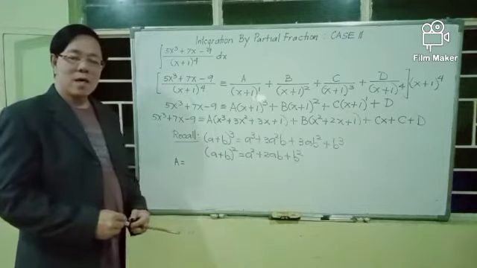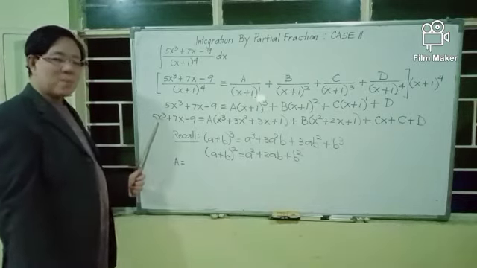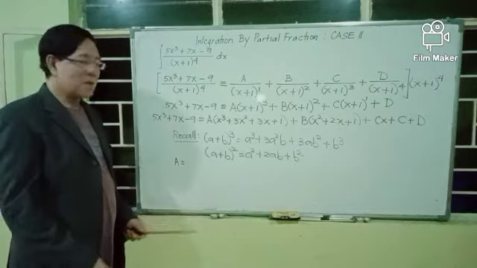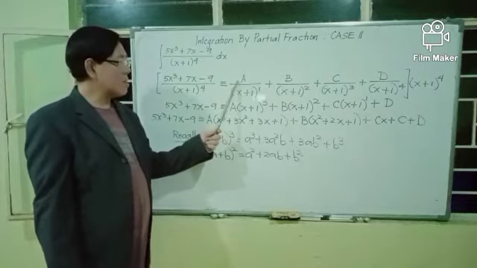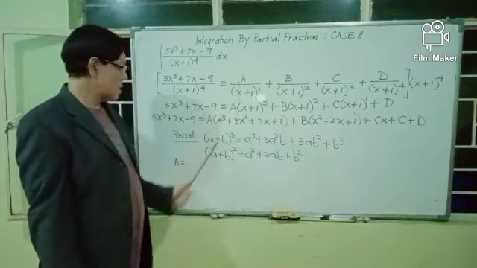And we equate a to the coefficient of x^3 at the left. At the left, the coefficient of x^3 is 5. Hence, a is equal to 5. Thus, we now know that one of the four constants a, b, c, d, a, is 5.